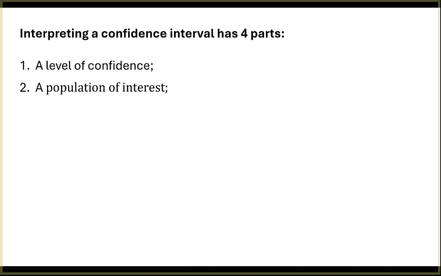Next thing, I want to know, what population are we talking about? The book doesn't spell this out, but I really want you to think about using this form as we're interpreting these intervals.